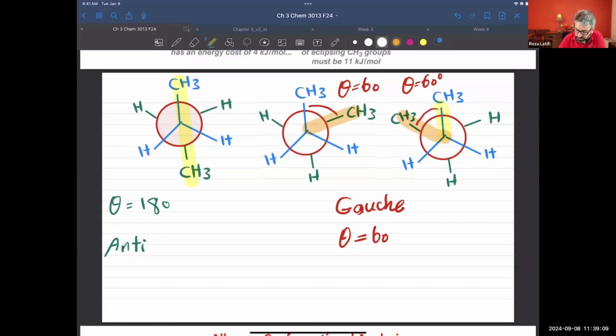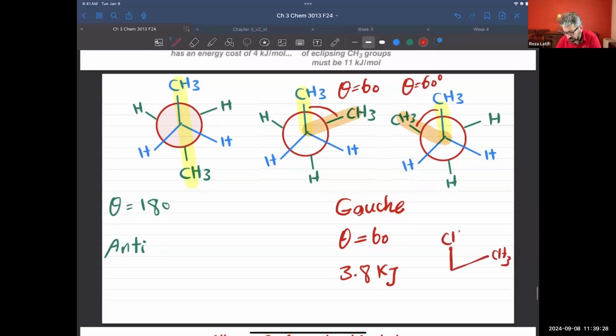How much repulsion do we get? It's going to make the system unstable by 3.8 kilojoule. The interaction between 2 methyl groups in a gauche position, when theta is 60 degrees, will cost you 3.8 kilojoule. Keep this one in your mind.